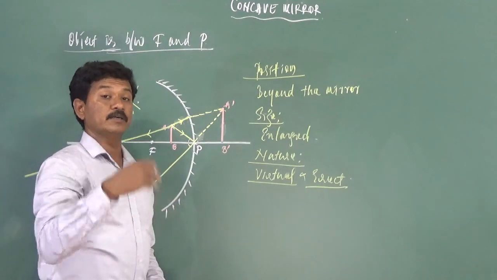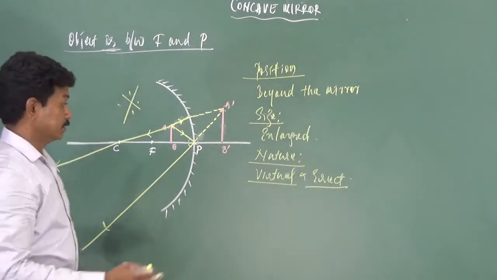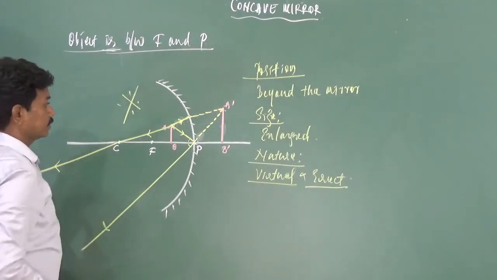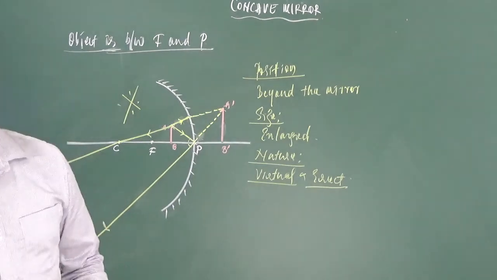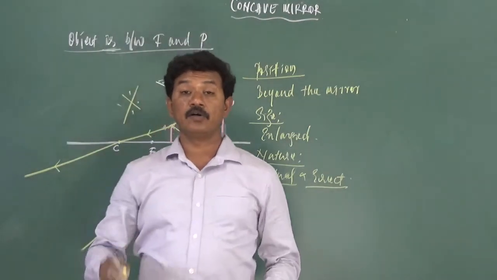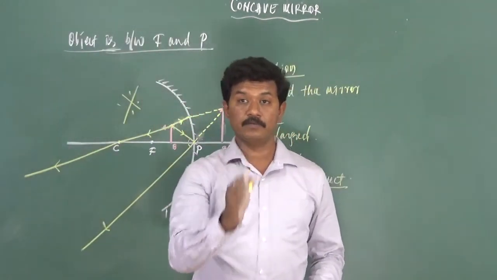This ray diagram is very important, because it is used to understand the working of some types of mirrors. I hope all the 6 ray diagrams are completed. All these 6 ray diagrams are very important.